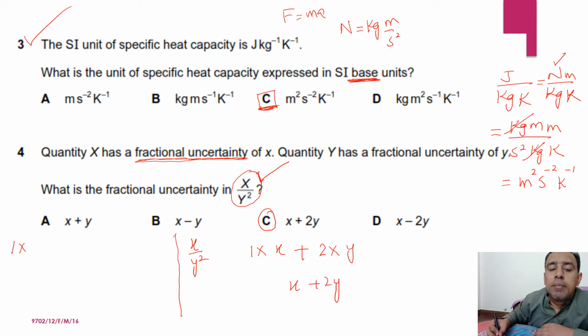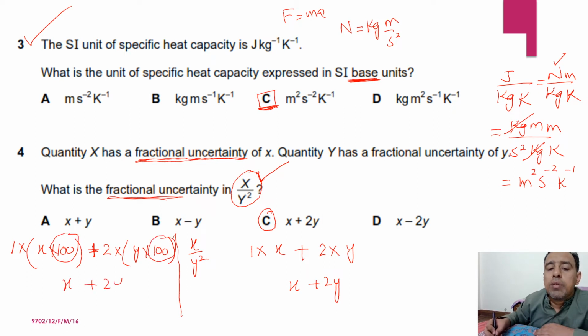Percentage uncertainty means the fractional uncertainty times 100. You know that 100 is not required because you have to write the answer in terms of fractional uncertainty, so ignore these two hundreds and the remaining answer is x plus 2y.